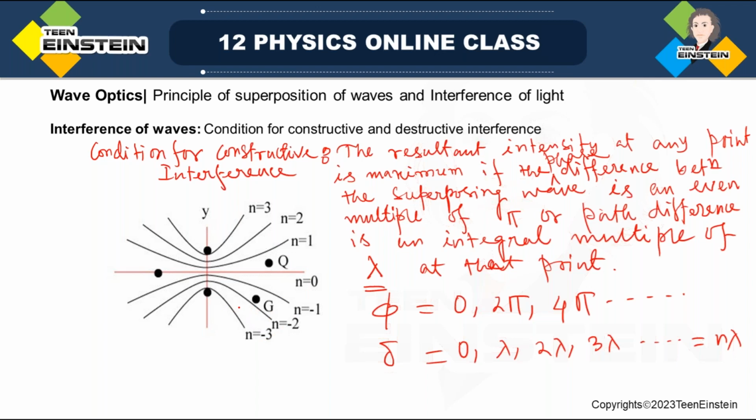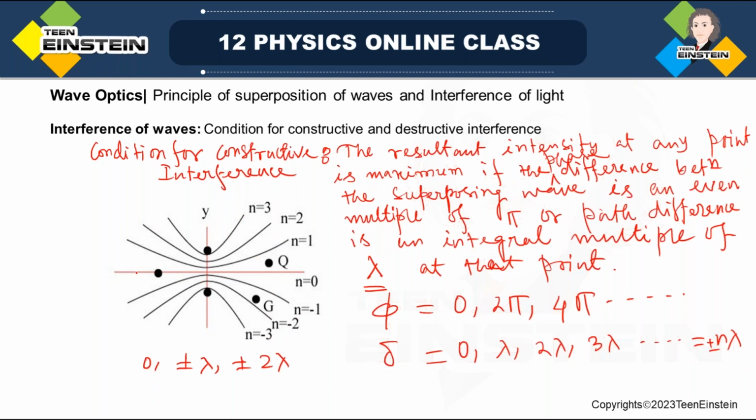The locus of the points for which the path difference is 0 or plus minus lambda or plus minus 2 lambda, like that it is shown here. So n lambda on both sides.